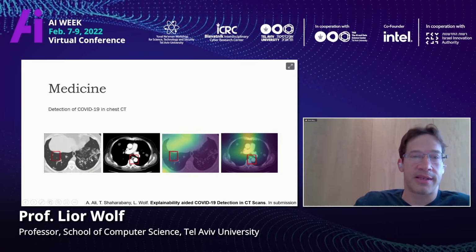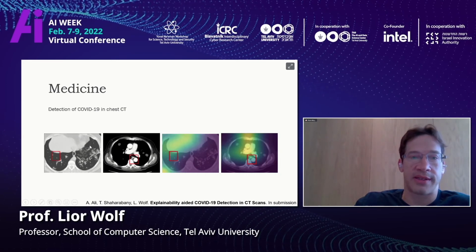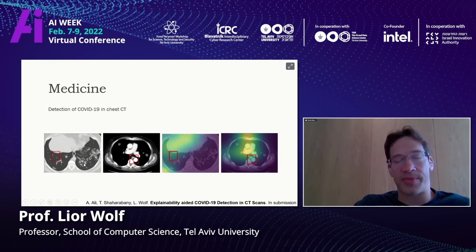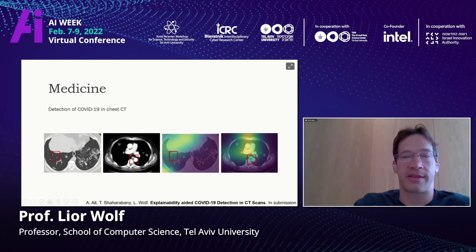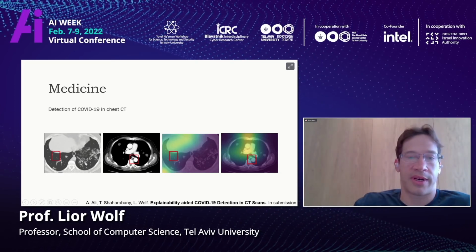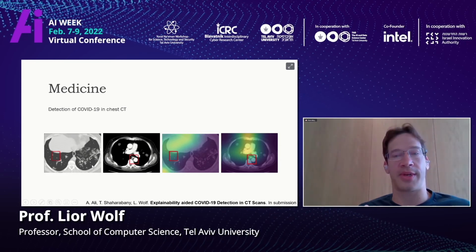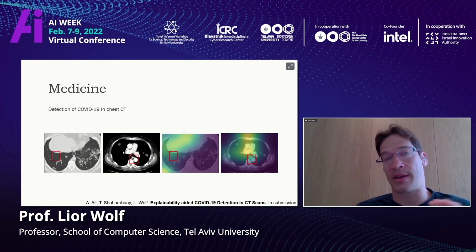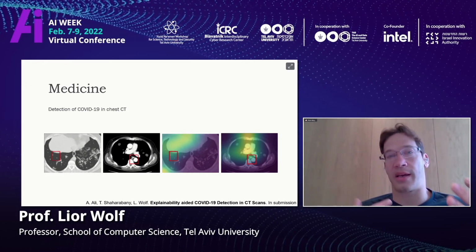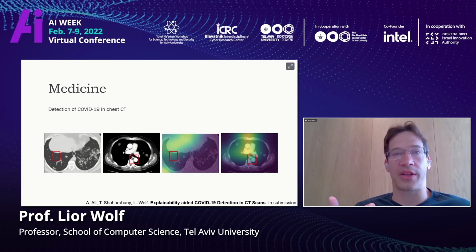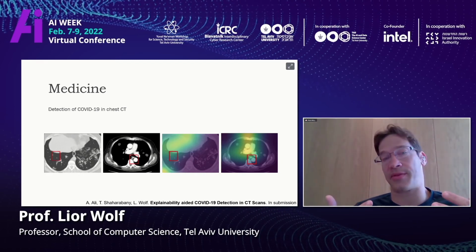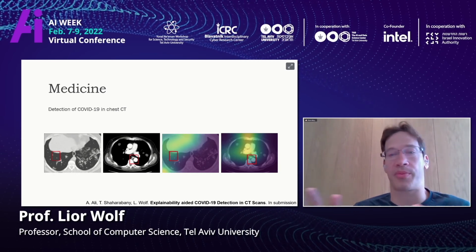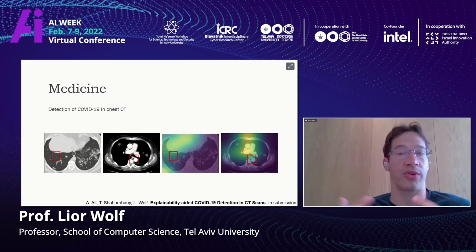So in some cases, the classification of what we see in the CT scan really focuses on very localized places that might mislead the classifier. So we use the explainability score, find out where the system is attending, remove this part, and look again. We actually create multiple versions at test time from the image in which we make it ignore the most prominent parts, and then we create some sort of rerouting.